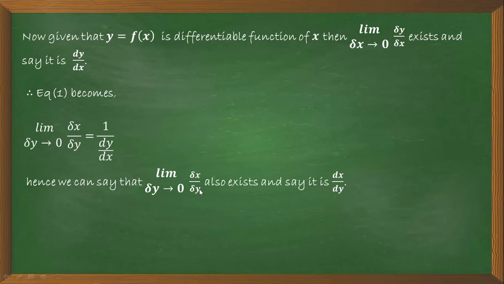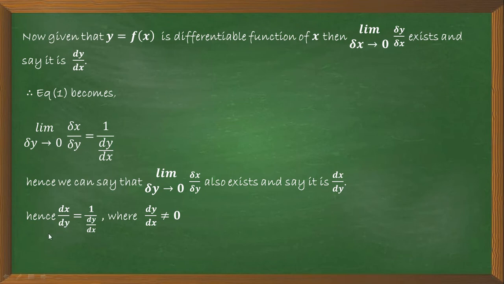If the limit exists, then we have to consider one finite value, say it is dx by dy. So hence we get dx by dy is equal to 1 upon dy by dx, where dy by dx is not equal to 0. So here we get the derivative of x with respect to y, equal to 1 upon dy by dx. This dx by dy means the derivative of x with respect to y.